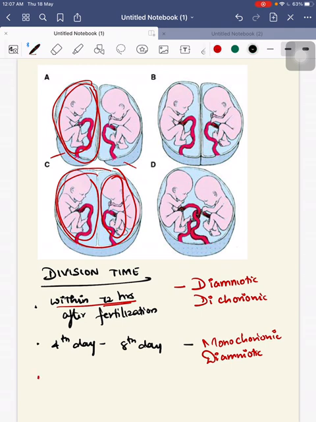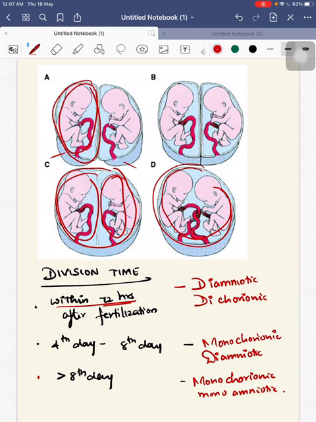If the division happens after the 8th day, they will be monochorionic and monoamniotic. This is picture D, where they have only a single chorion and single amnion.